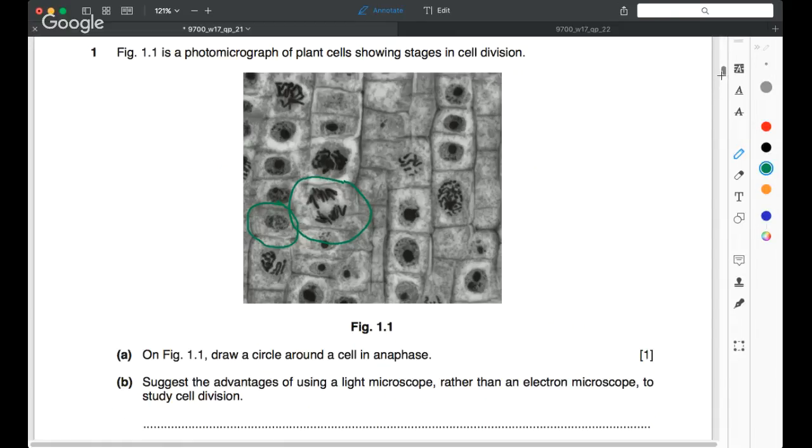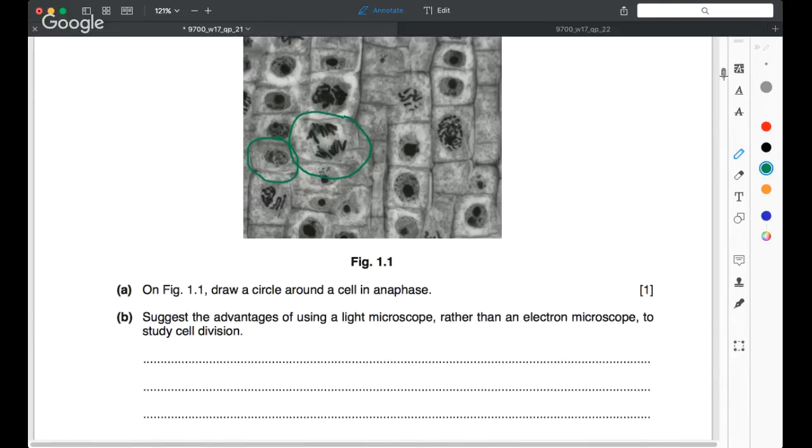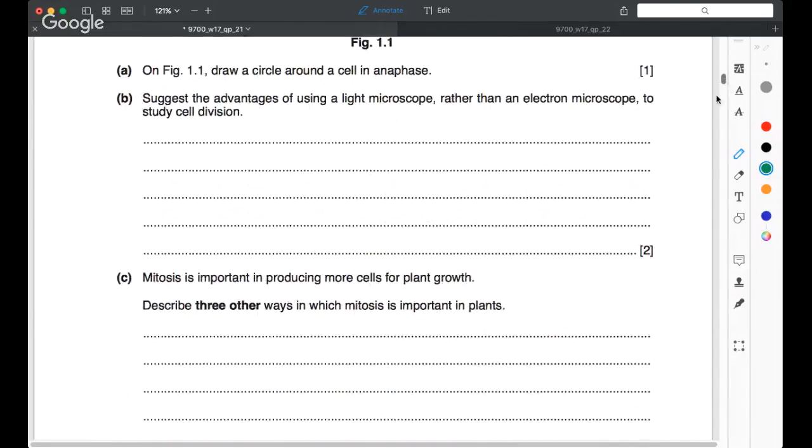So next question. It's just the advantages of using a light microscope rather than an electron microscope. Okay, so I don't really know, but I'm gonna guess.